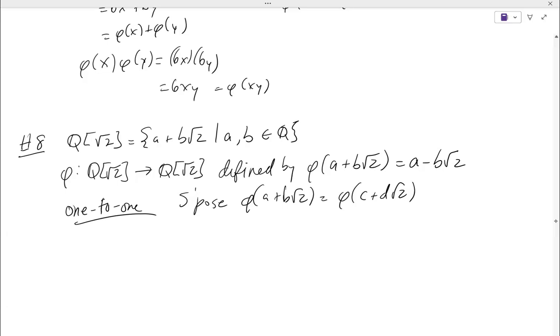Okay. All right. So according to the definition of the function, we would need a minus b root 2 equals c minus d root 2. If those two things are going to be equal, what has to be true? Yeah, so the a's equal c, and then the coefficients of the root 2 have to match, right? So technically right now I'd have negative b equals negative d.